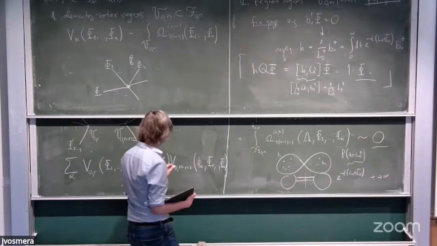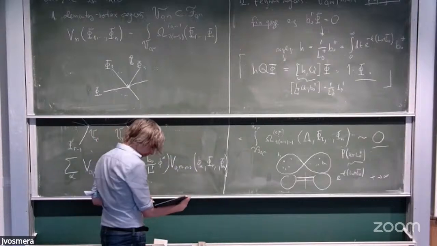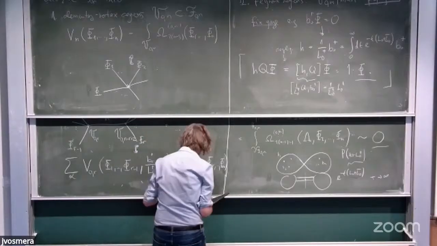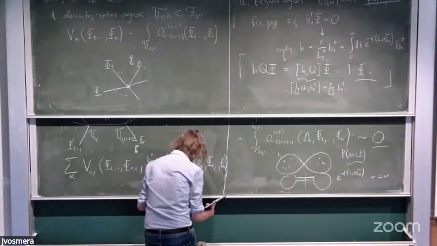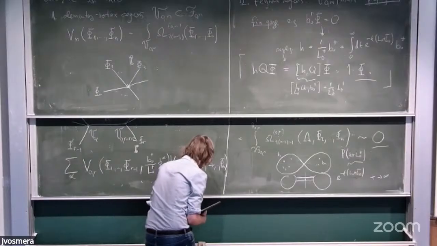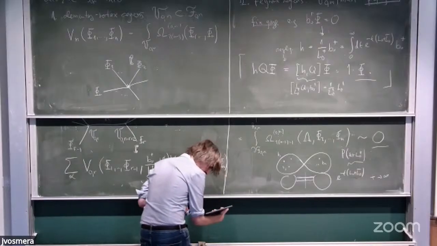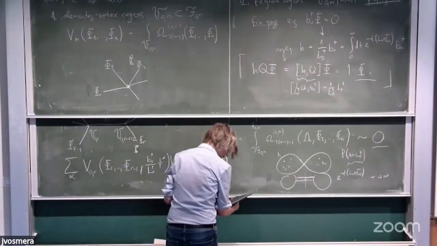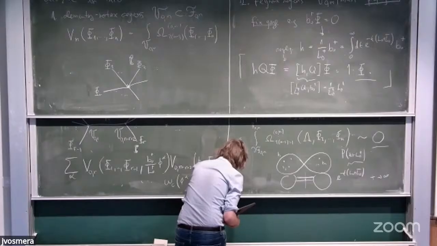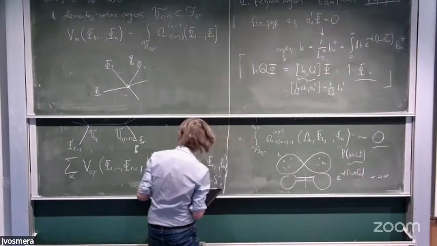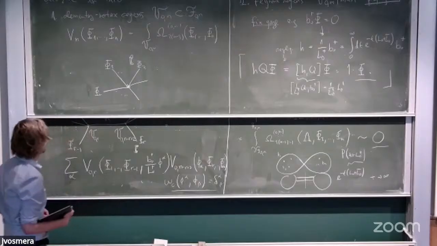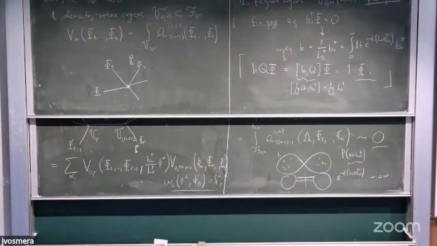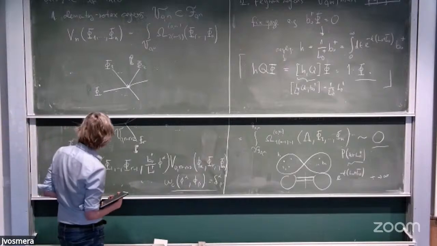So these basis states phi alpha are chosen so as to be orthonormal with respect to the symplectic form, with respect to this non-degenerate bilinear form omega. So this is how this particular diagram would be evaluated using the vertices of the action, right?